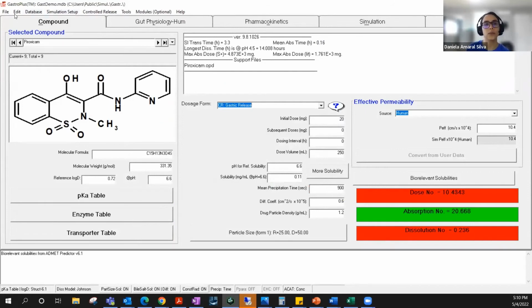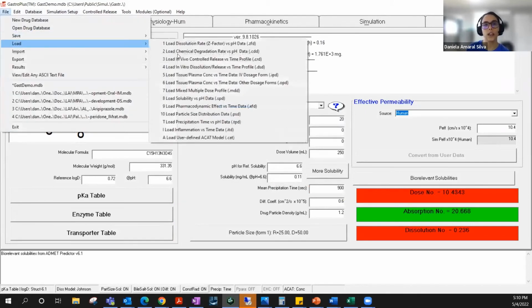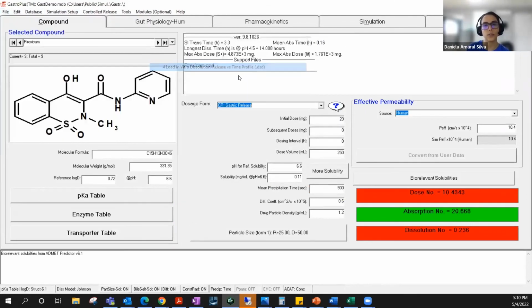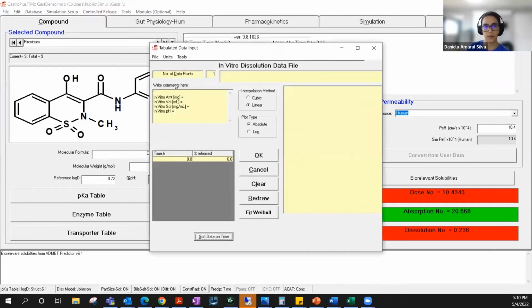And for this, we would just create a dissolution profile. Here, just very simple. So then they would be able to see, for example, I don't know, at 10 hours we would have 100% release.